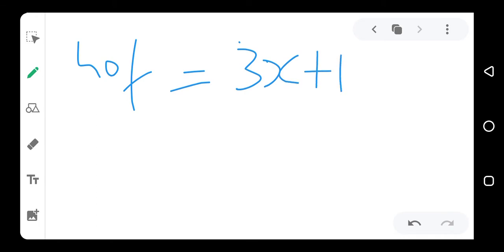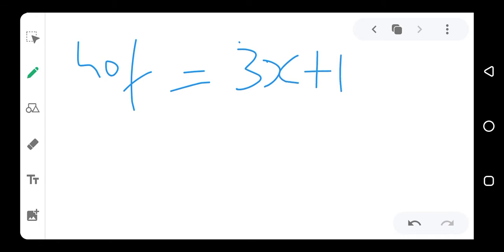So h of f of x is now equal to 3x plus 1.